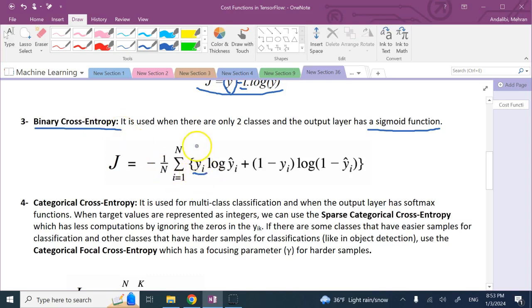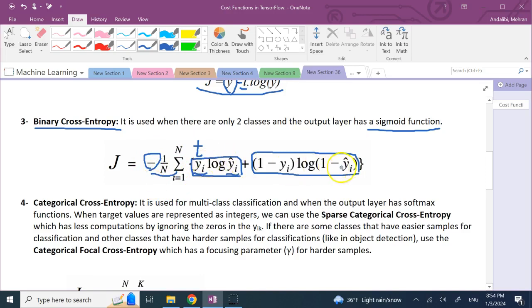Again, y is the t, the target value or the expected value, and y hat is the predicted value. So you see, this is basically the entropy between one class and its predicted value, and this is the entropy between the other class and its predicted counterpart. Then you add them and divide by n with the negative sign to make the whole thing positive.